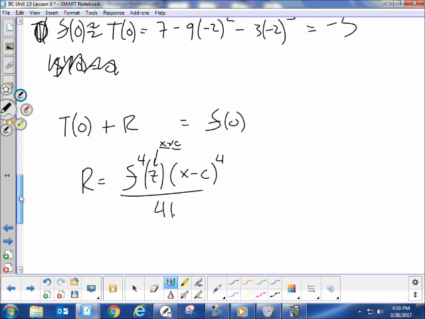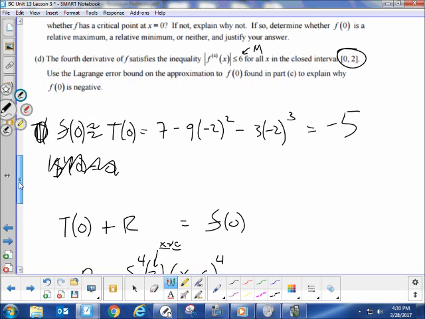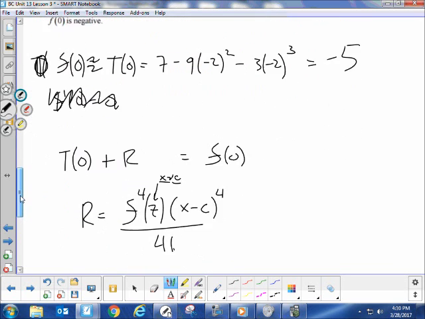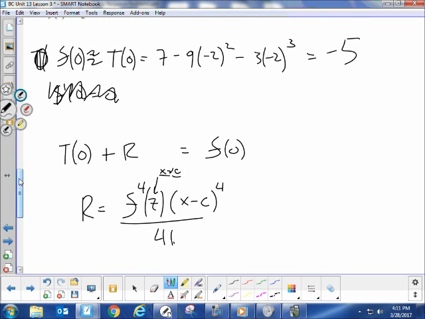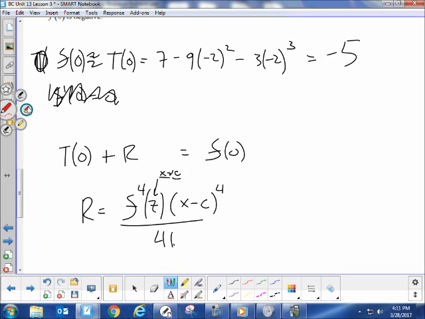Well, x in this case was 0 and c was 2. My polynomial was centered at 2 and I'm approximating 0. So I get negative 2 to the 4th over 4 factorial. Well, I know R has to be less than or equal to the max value that the derivative can obtain times negative 2 to the 4th over 4 factorial.